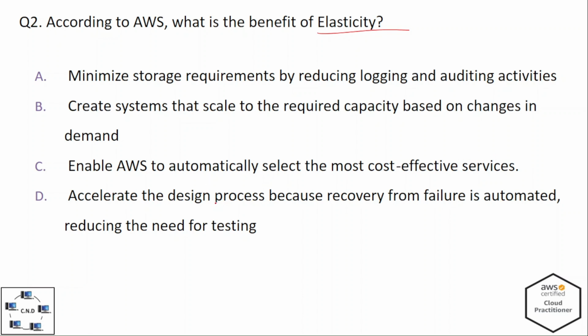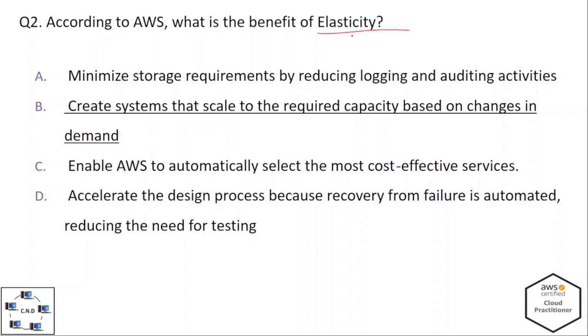And D. Accelerate the design process because recovery from failure is automated, reducing the need for testing. And the correct option is, so the benefit of elasticity is that it creates systems that scale to the required capacity based on changes in demand.